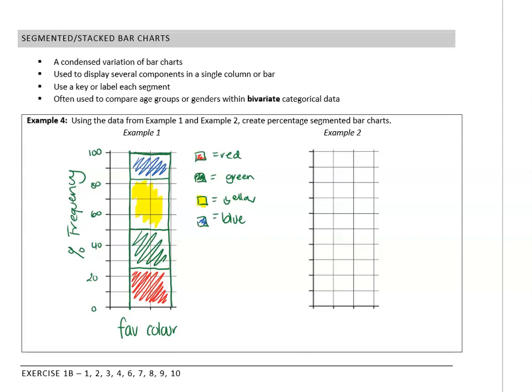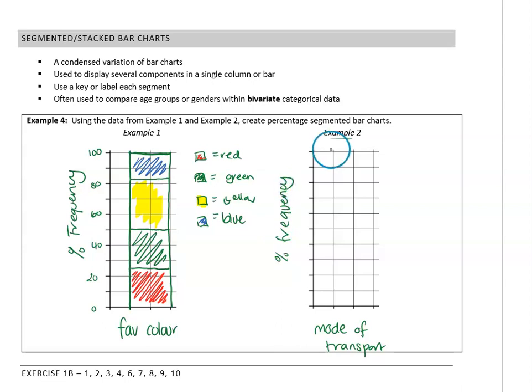And so now if we look, we're doing it now for example 2, which was the modes of transport, okay, train, car, and bike. So again, we label our axes, mode of transport. We're going to label our vertical axis, our percentage frequency.